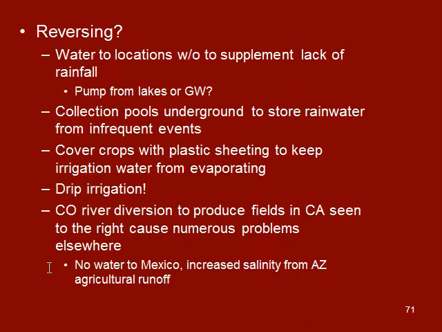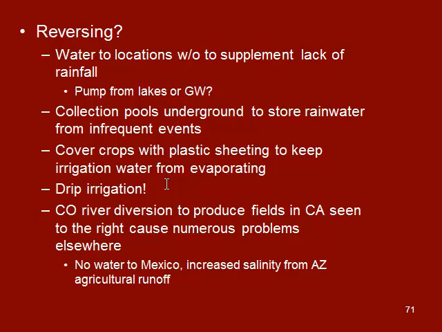So what's the silver lining to this cloud? How can we change this? Well, we can change the way that we irrigate. We can use drip irrigation instead of spraying it across crops. It's expensive, however.